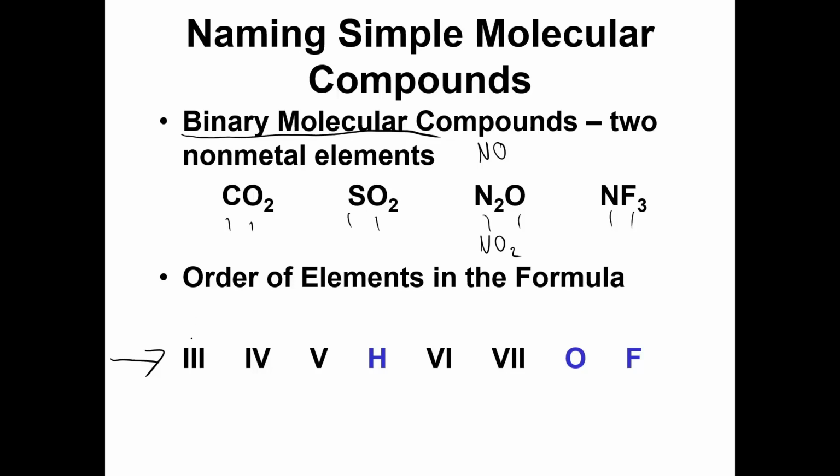So first you name carbon. It's group 3, then group 4, then group 5, then hydrogen, then group 6, group 7. Group 3 is boron. So you've got boron, then the carbon group, the nitrogen group, then hydrogen, which is group 1 but fits in differently, and then oxygen, and then fluorine.